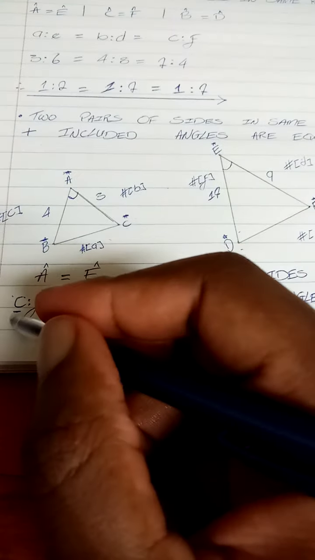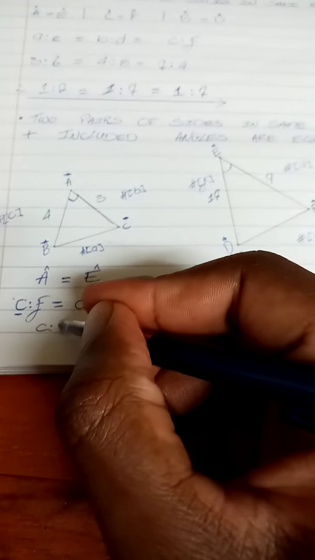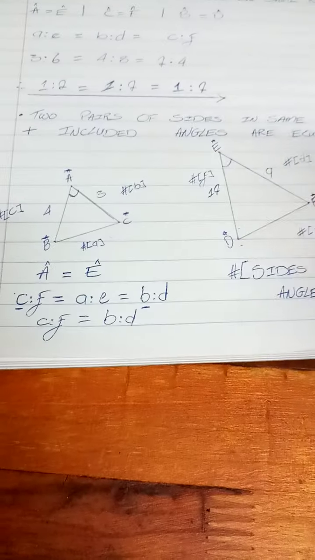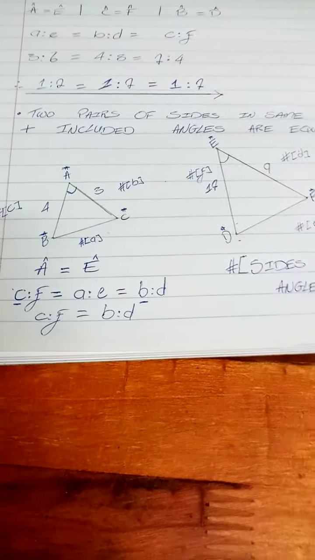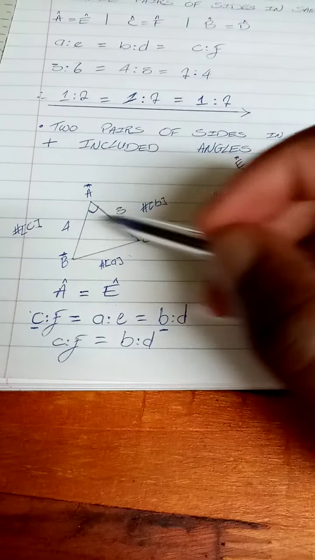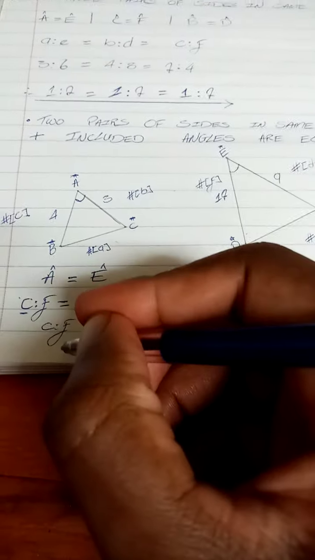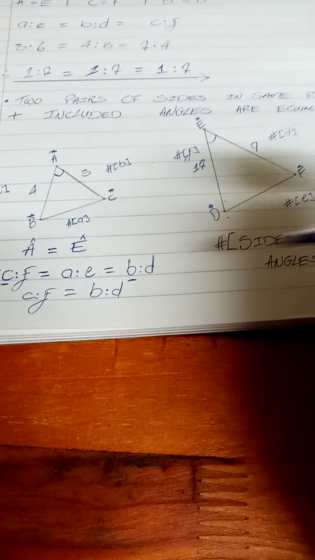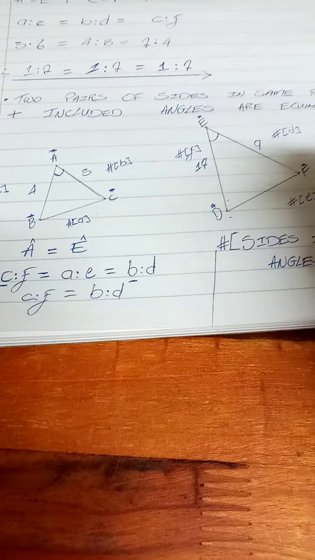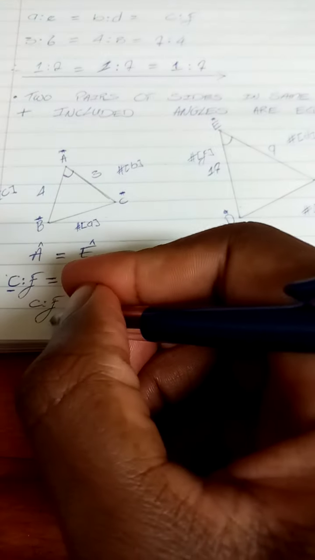So basically, it is C equals to B, right? Then that means C, we have found that it is 4.